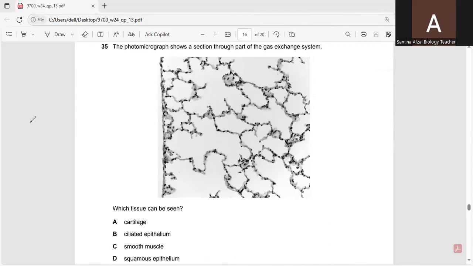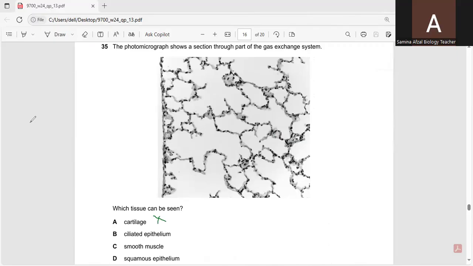Cartilage is a connective tissue. It is present in the trachea or in bronchi, not in the bronchioles, and in the alveolus it is not present. So it cannot be the correct option.